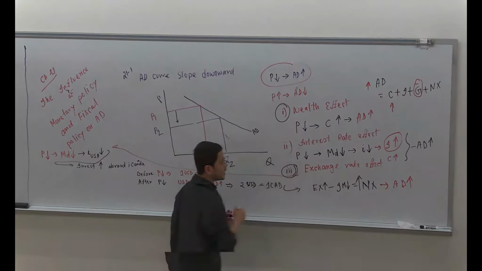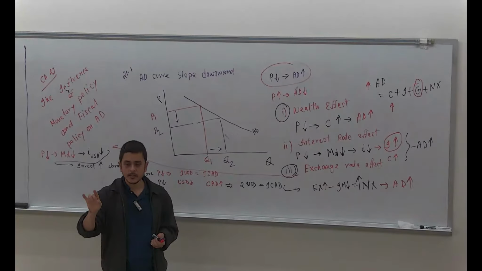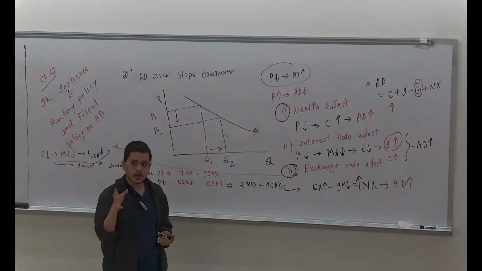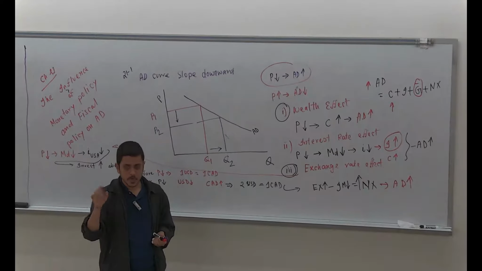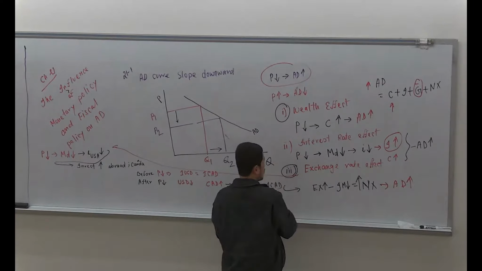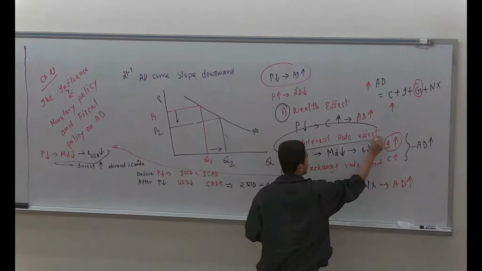The exchange rate effect is very important for a small country, because a big proportion of their GDP comes from exports and imports. But in the case of the United States, the most important one is the interest rate effect.